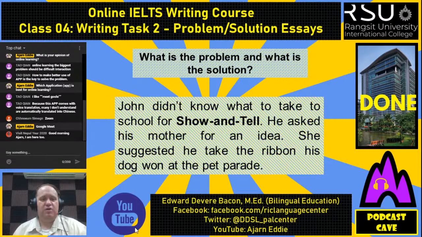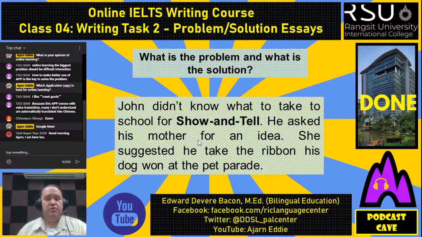So the problem here is, maybe there's a lag, but the problem is that John doesn't know what to bring to school for show and tell. So that's the problem. And then the solution is that his mother said, "Why don't you bring the ribbon he won at the pet parade?" So that's the solution.